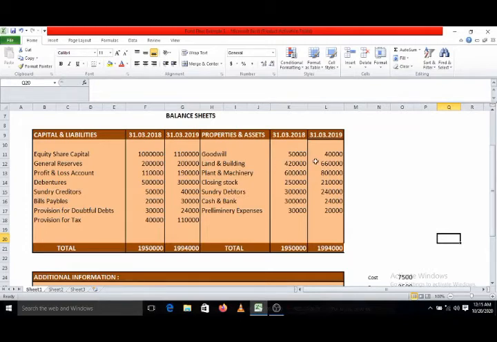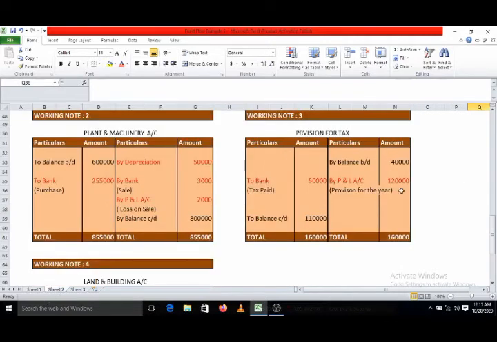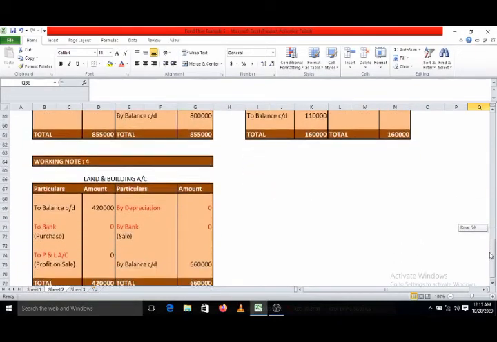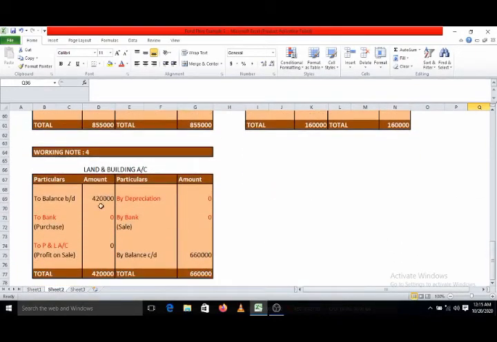On March 2019 balance is 6,60,000. So it means opening balance 4,20,000, closing balance 6,60,000. You can check out working note number 4, land and building account.